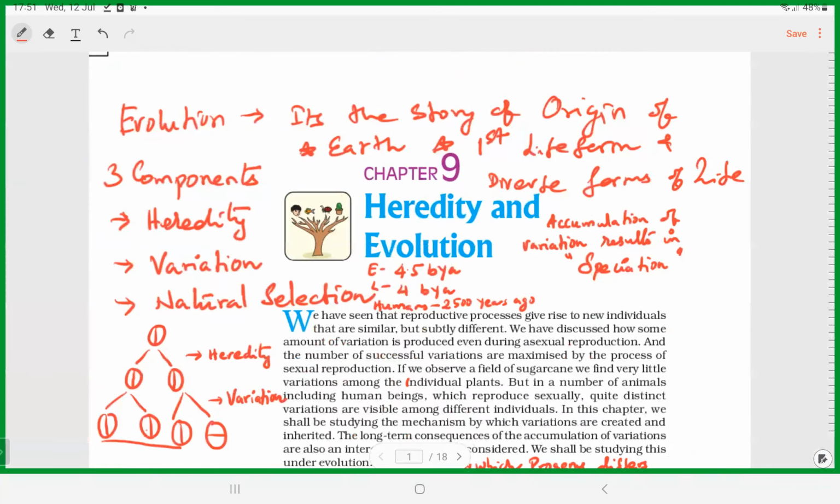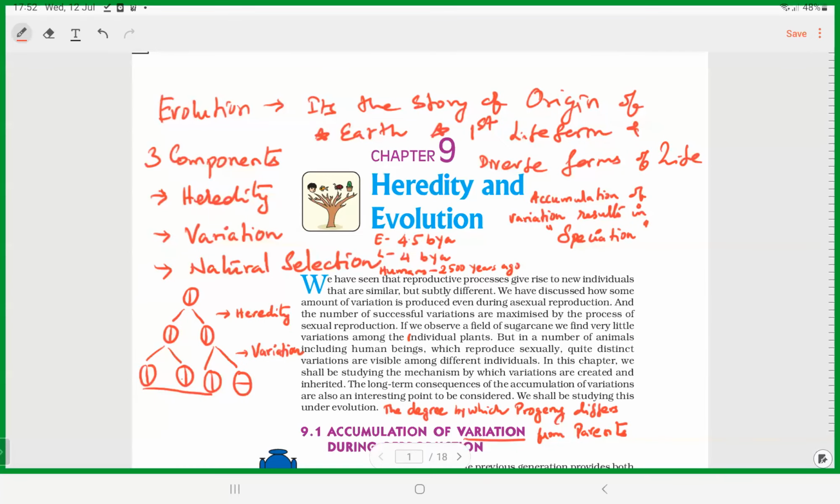See, in the last chapter, what did we discuss? How do organisms reproduce? What are the two modes of reproduction? Sexual and asexual reproduction. How do you define them?